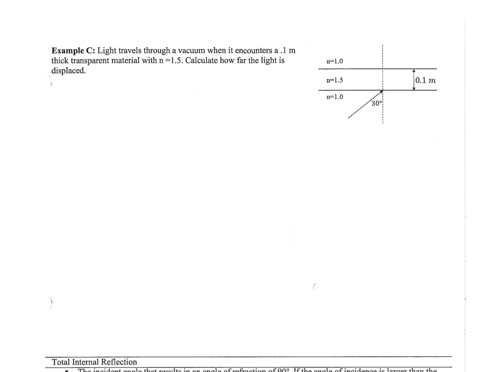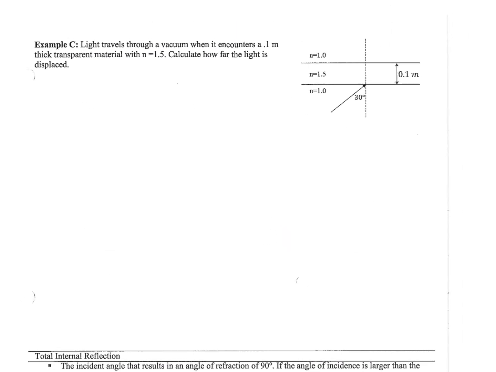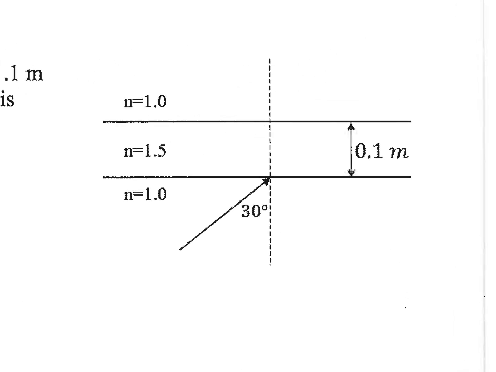Let's look at light traveling through a vacuum when it encounters a 1.1 meter thick transparent material with n equals 1.5. Calculate how far the light is displaced. In other words, guys, what's going to happen is it's going to go from 1 to 1.5. So what is it going to do here in this picture?